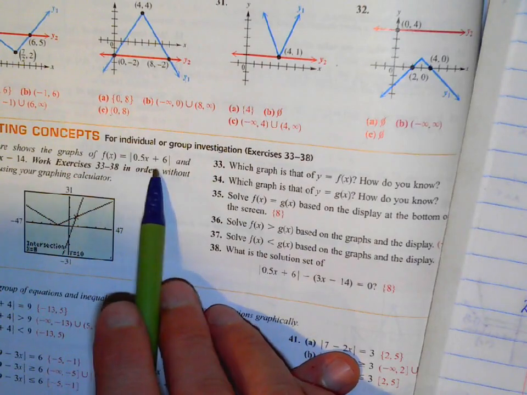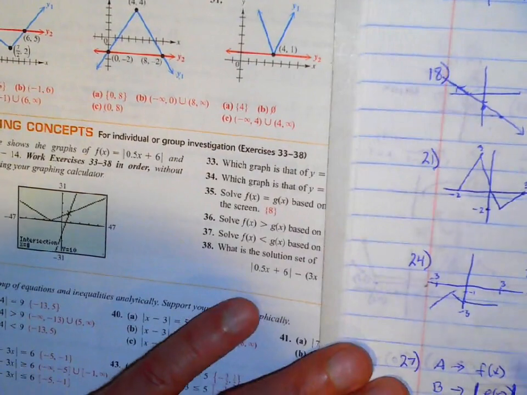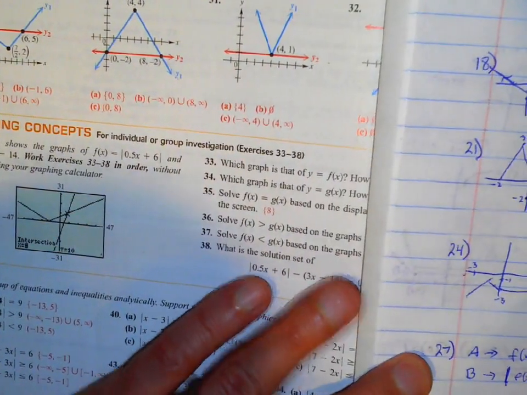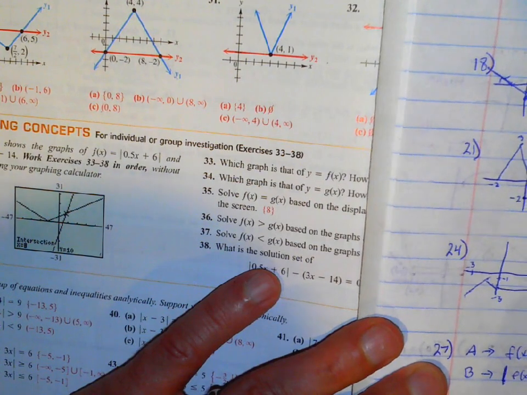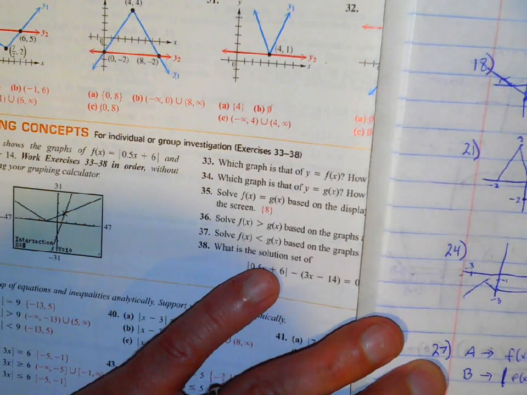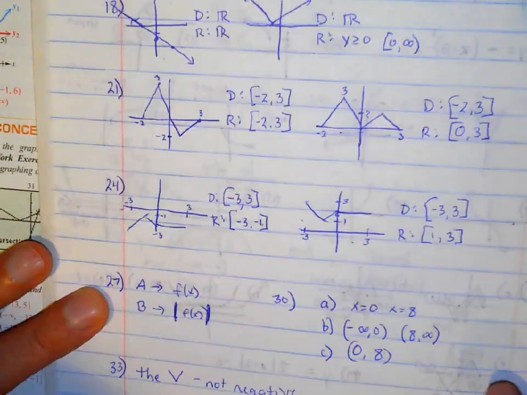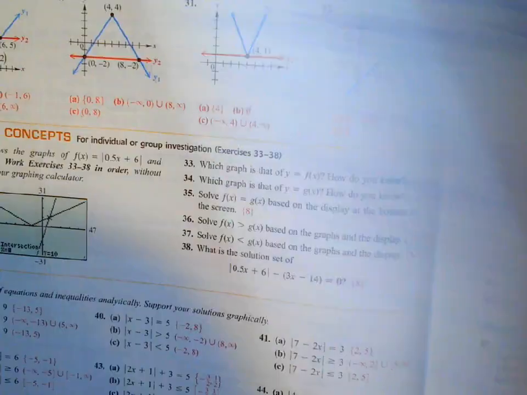So your absolute value one would be the one that's not negative. So f of x is the V-shaped one, not negative. The one that looks like a V is the absolute value one, the one that does not go negative.